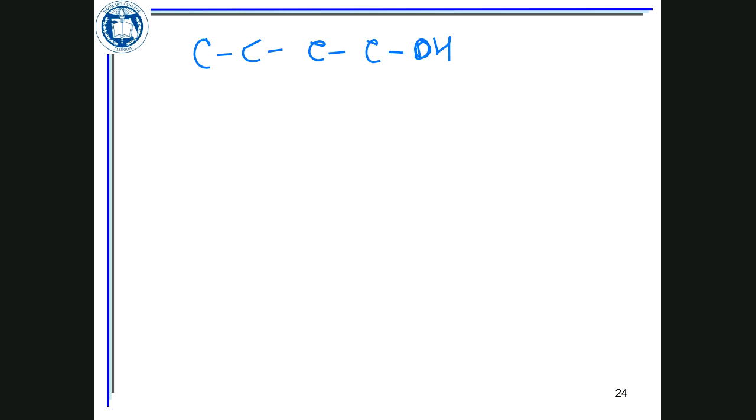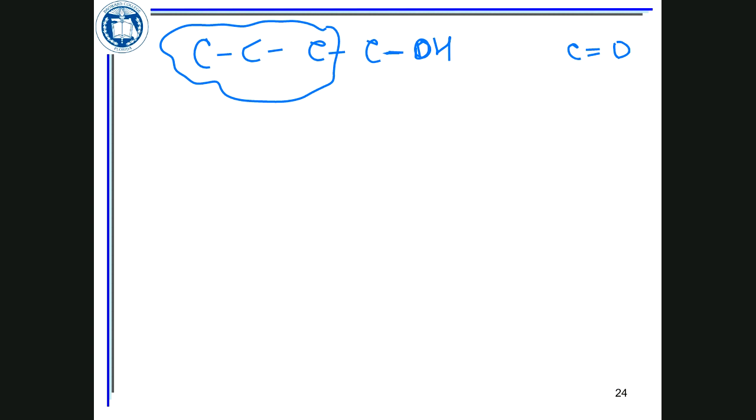Because it's a primary alcohol, this carbon-oxygen single bond used to be a carbon-oxygen double bond. One carbon is going to come from your Grignard reagent, and anything else that is attached to this carbon is going to come from the carbonyl group.